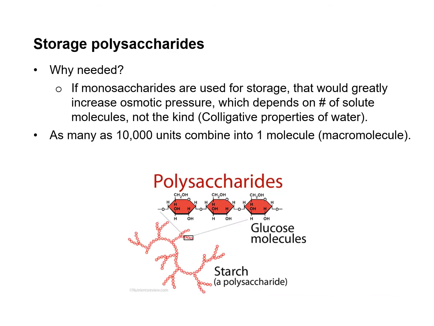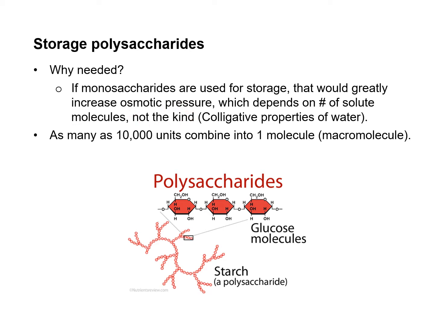So one of the functions of polysaccharides that we listed was the storage of the energy source. And why would you want to use polysaccharides but not monosaccharides for the storage? If monosaccharides are used for storage, that will greatly increase osmotic pressure. And remember that osmotic pressure depends on the total number of solute molecules in water, but not the kind.